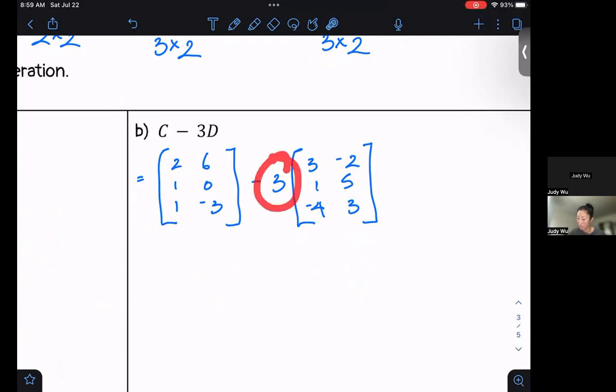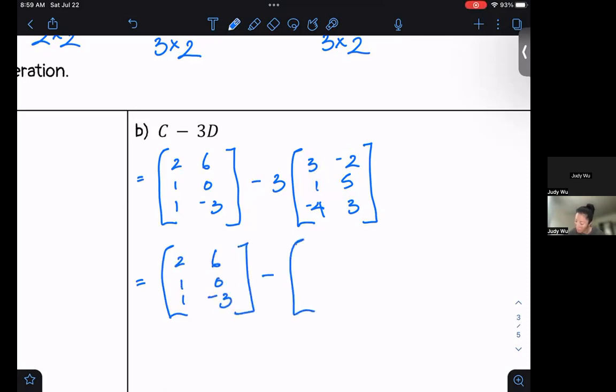I'm going to take the 3 and distribute it to all 6 of the entries. So we have 2, 1, 1, 6, 0, -3, minus, let's multiply correctly here, 9, -6, 3, 15, -12, and 9.